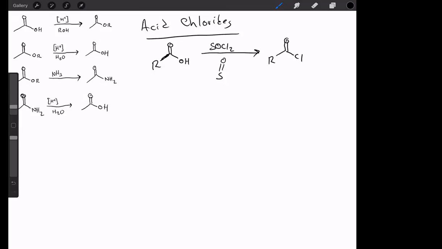SOCl2 looks like this. The mechanism as it's shown with Klein involves two nucleophilic attacks, or it involves a single nucleophilic attack, but sort of being instigated by the OH group.